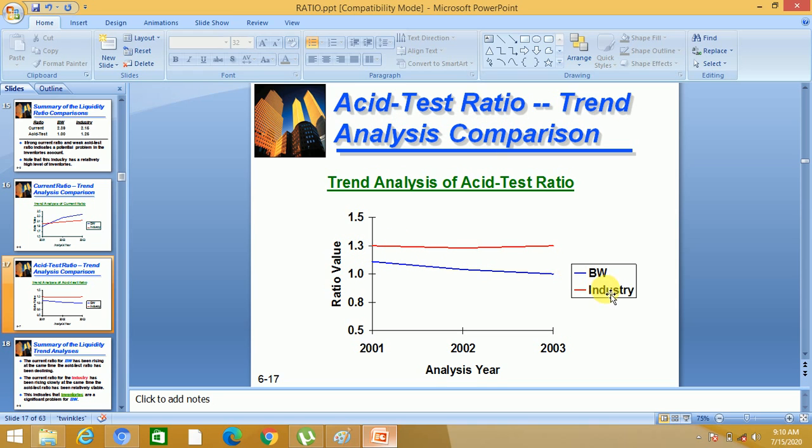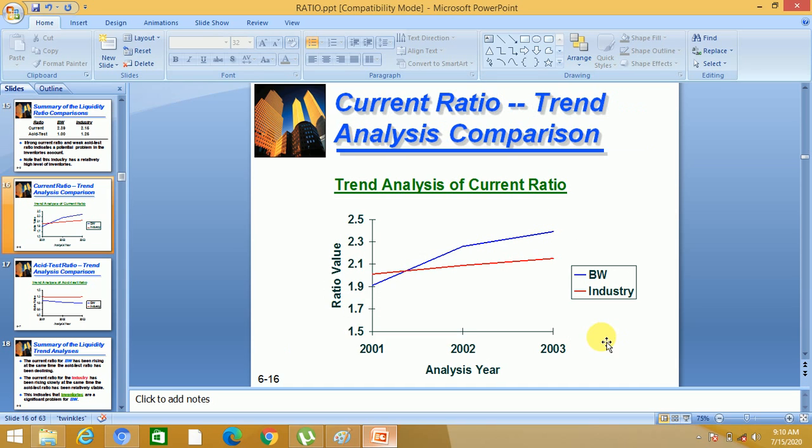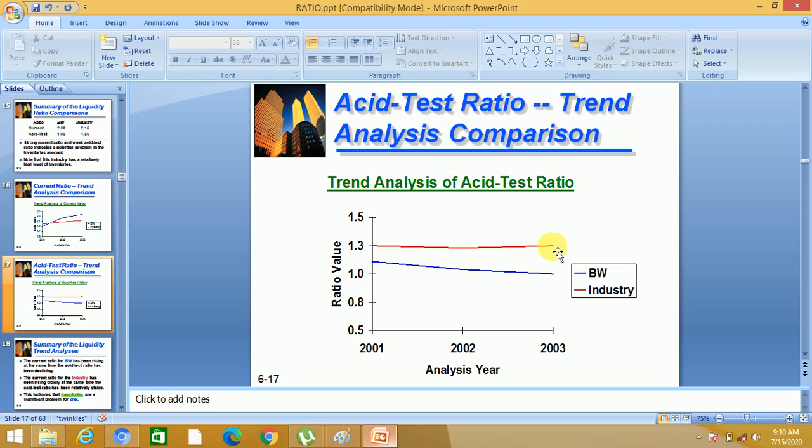See, this is industry. Industry is above. In 2001 it was 1.3, and now it is 1.25. It is also coming down, but it is above our industry.